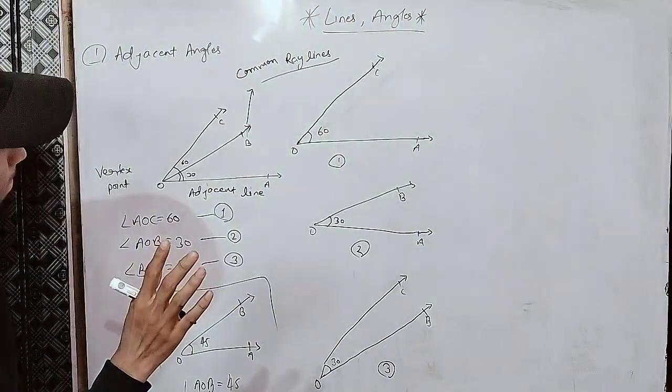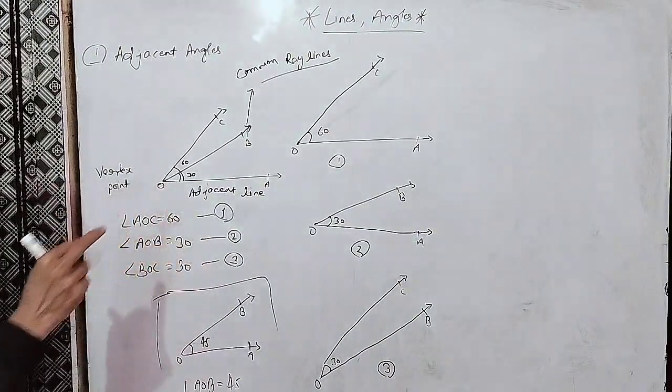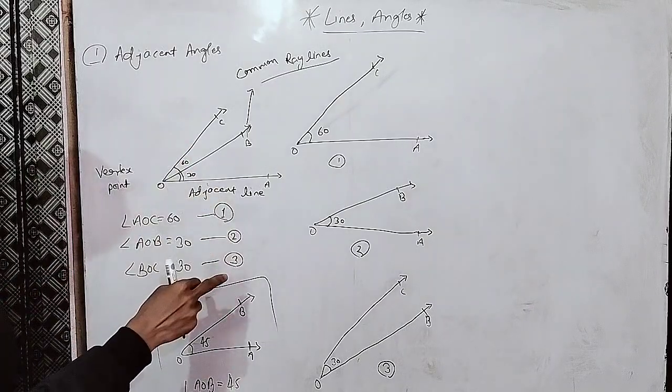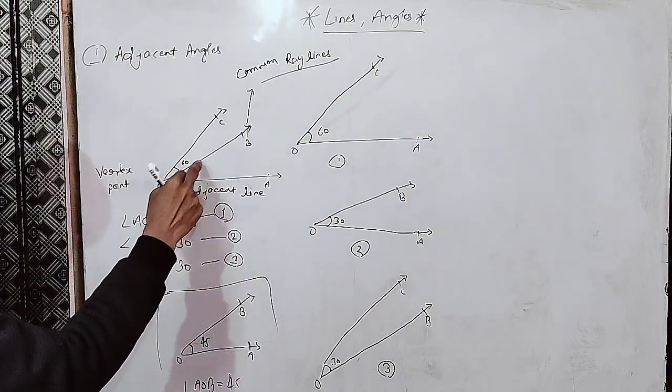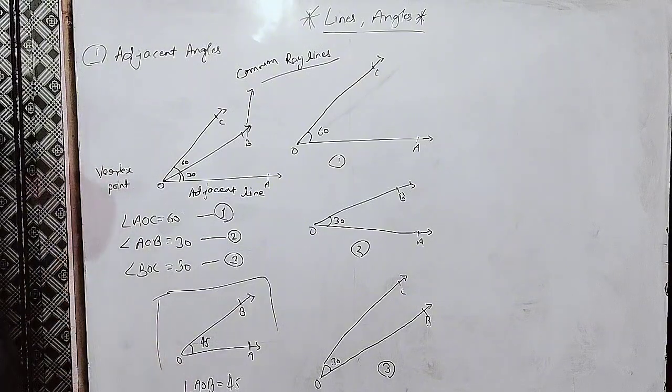Clear? So remember, this is adjacent, this is opposite to the adjacent, and this is the common ray. Let's move to the next.